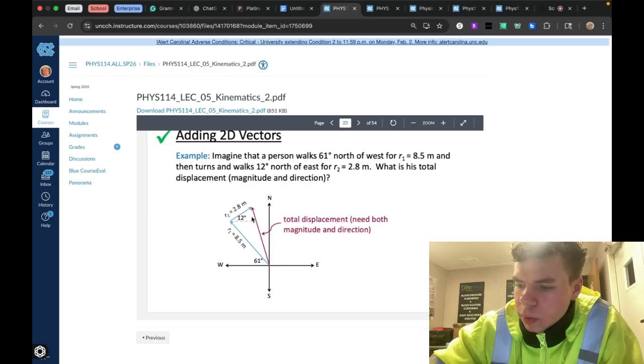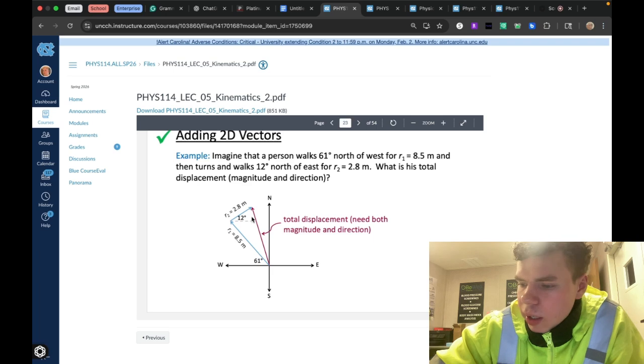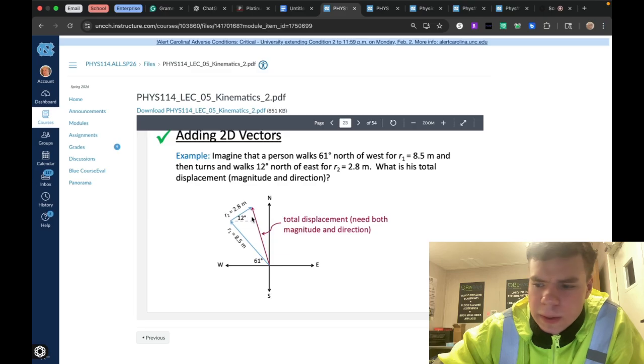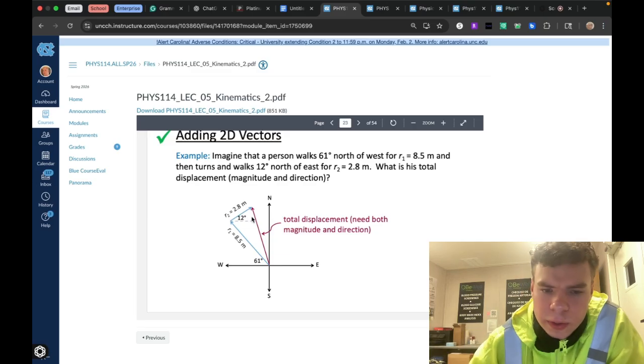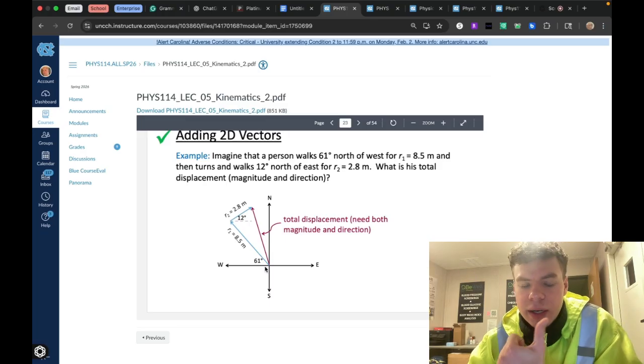And we know that the y displacement is like 0.58 meters.